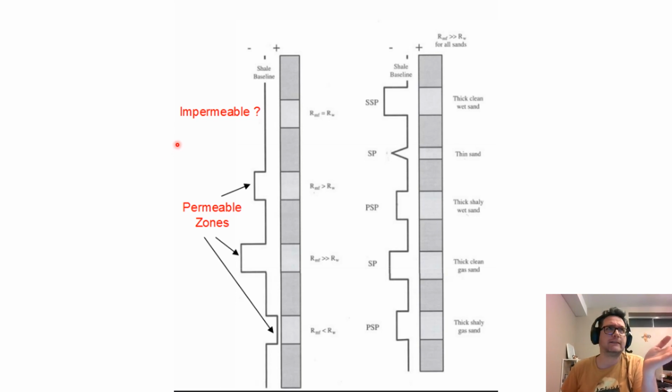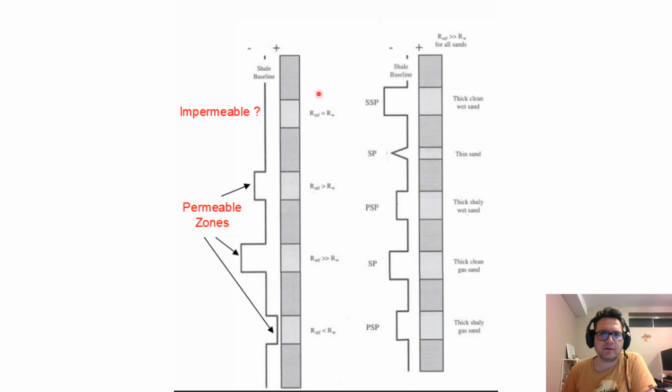Basically, the higher the difference between the resistivity of the mud and the resistivity of the water in the reservoir, the higher the response we will see in the SP log.